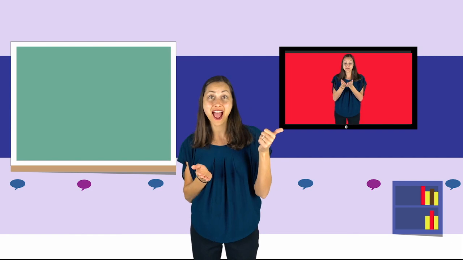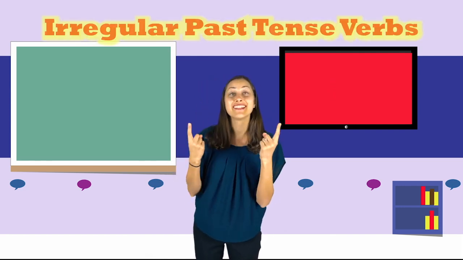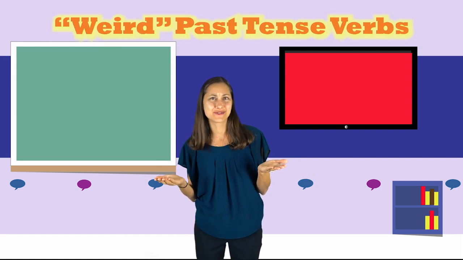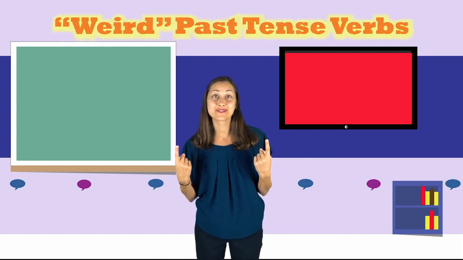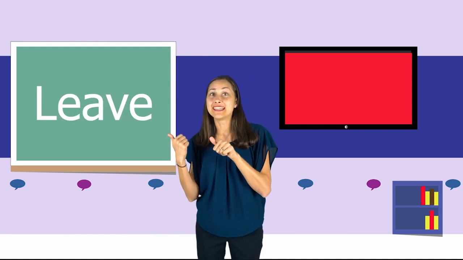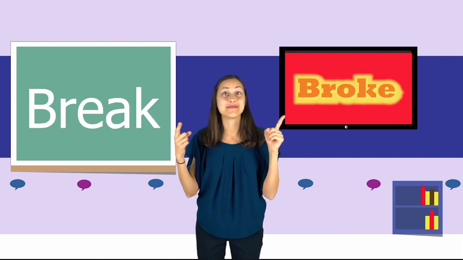Talk about before I say I read. Hear becomes heard and sleep becomes slept. Fall becomes fell and keep becomes kept. Leave becomes left, catch becomes caught, feel becomes felt, buy becomes bought, eat becomes ate, and break becomes broke.